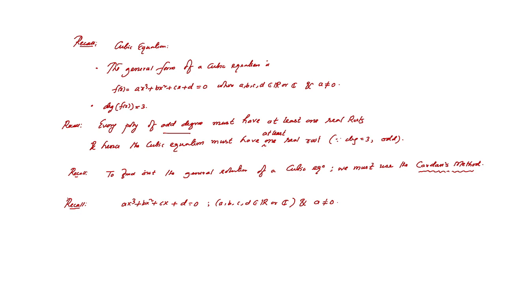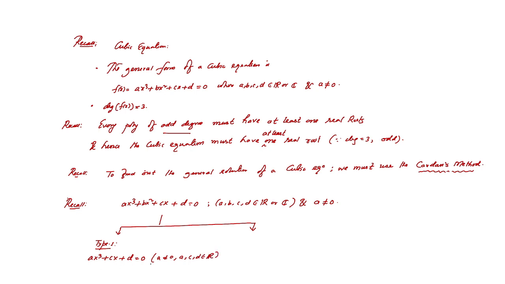Otherwise, it will not form a cubic equation. Now, from this cubic equation, we will produce two types of cubic equation. Type 1 is ax cube plus cx plus d equals to 0, where a is non-zero and a, c, d are all real numbers.